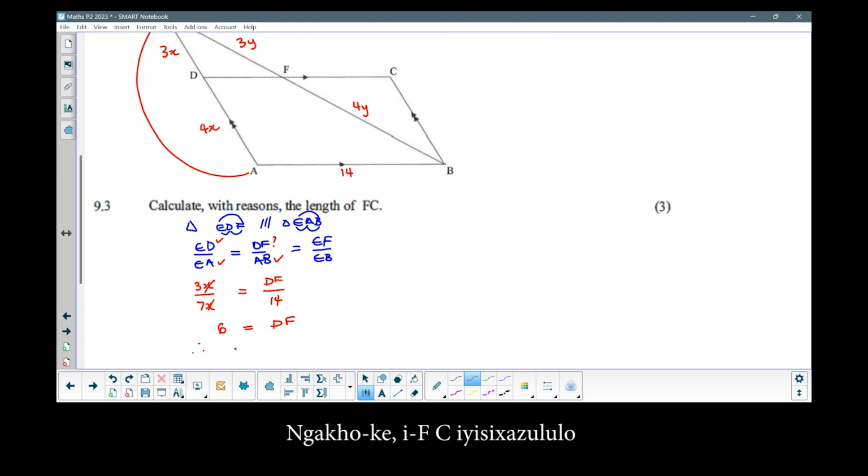Therefore, FC is equal to 14 minus 6, which is equal to 8.